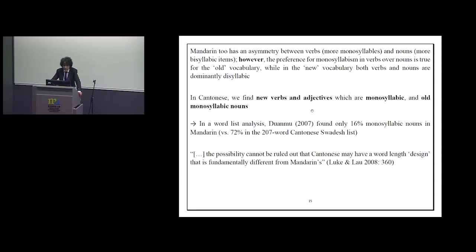Cantonese is different because we find also new words, new verbs, new adjectives, which are monosyllabic, and old nouns belonging to the native layer of the lexicon, which are monosyllabic. So it seems there is really a fundamental difference in the typical shape of words.